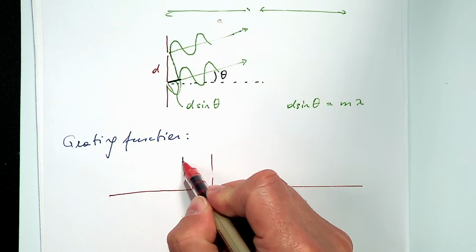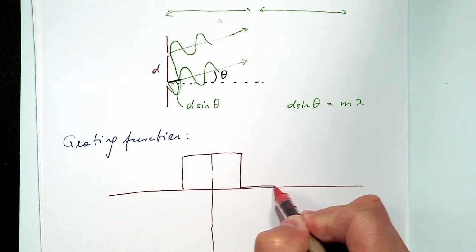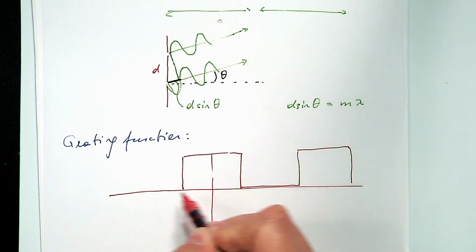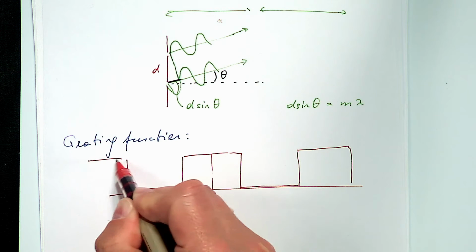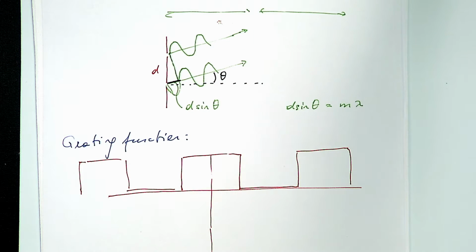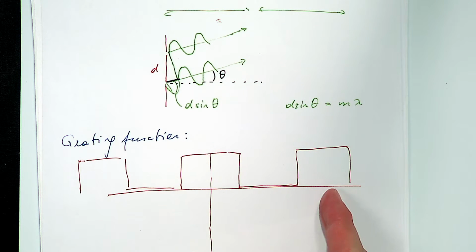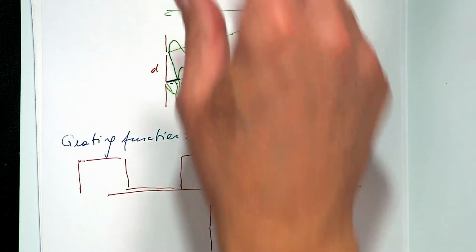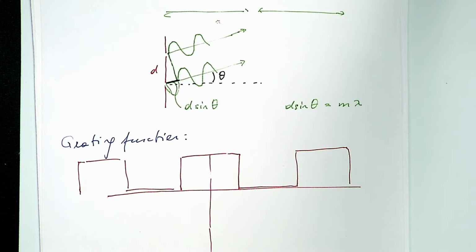Let's suppose I have a grating with this modulation. So it's essentially a periodically spaced top hat profile. You can think of this function as a convolution of a series of delta functions with a rectangle function. That's how we can describe a square wave. The period of this would be d in this particular case.